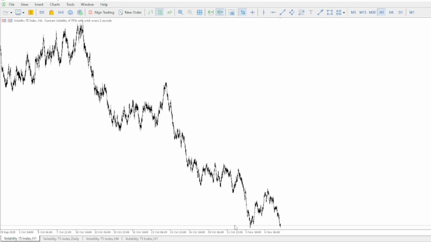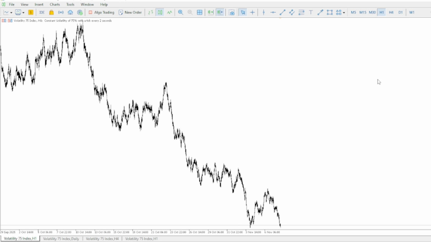You understand? What the weekly, the monthly, the daily do, that is what the 1 hour, 30 minutes, 15 minutes, and 5 minutes will respect. The higher time frame is leading the lower time frame, so you have to respect the higher time frame before you look into the lower time frame.